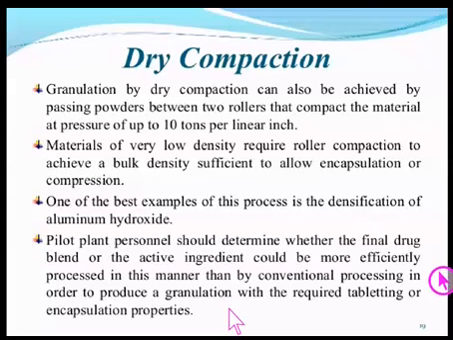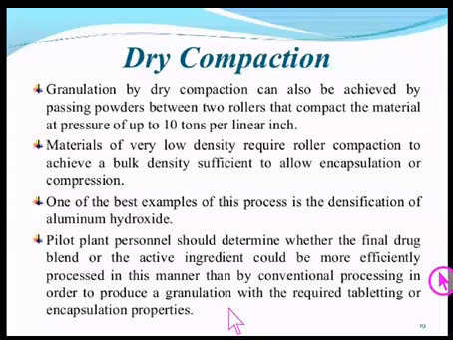encapsulation or compression. Whenever we want to prepare the capsules or tablets, there are certain powders having very low density, and the bulk density has to be increased for such powders so as to enable them to get encapsulated or compressed.